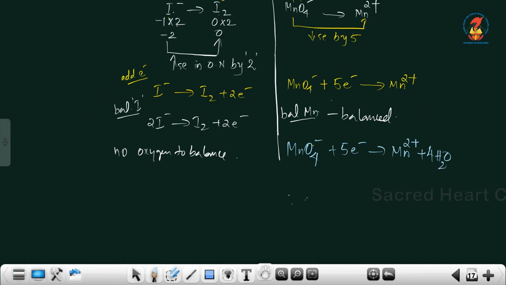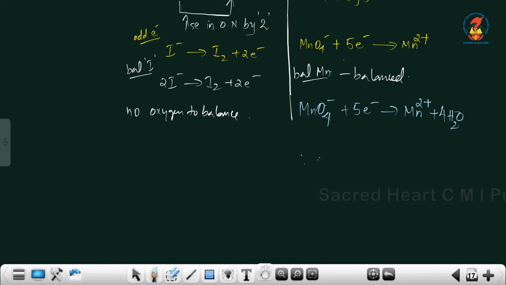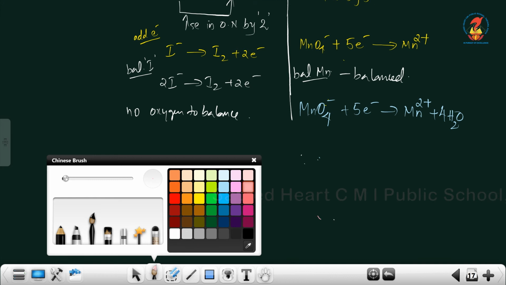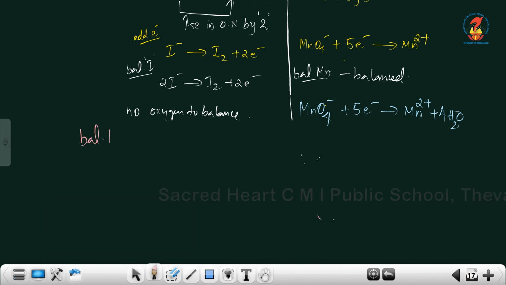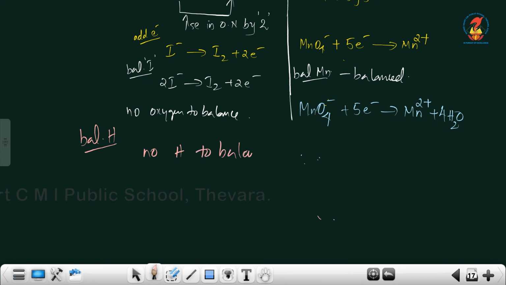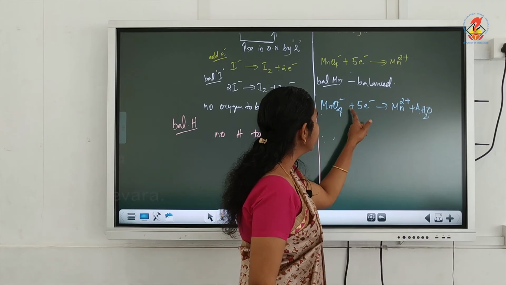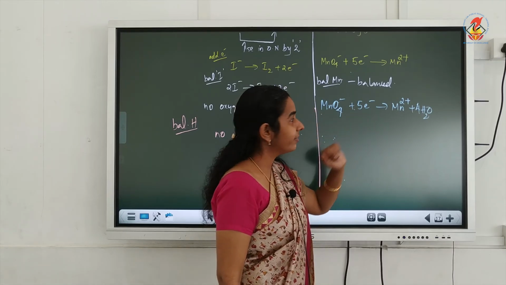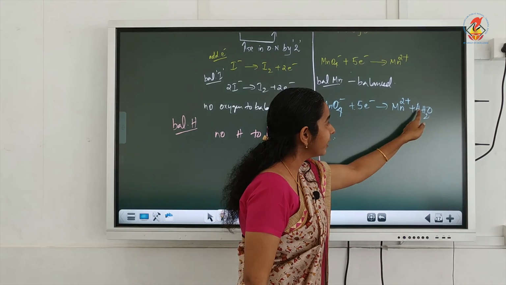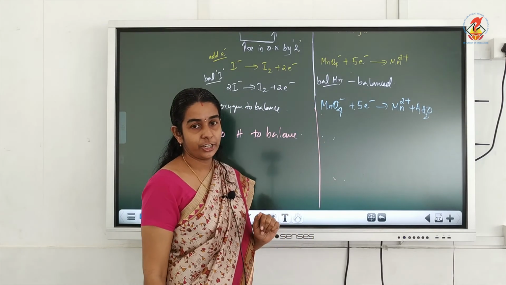Now after balancing oxygen, the next step is to balance hydrogen. How to balance hydrogen? So here in this equation there is no hydrogen to balance. But here we have, see, on the left hand side no hydrogen, on the right hand side we have 4 into 2, 8 hydrogen.